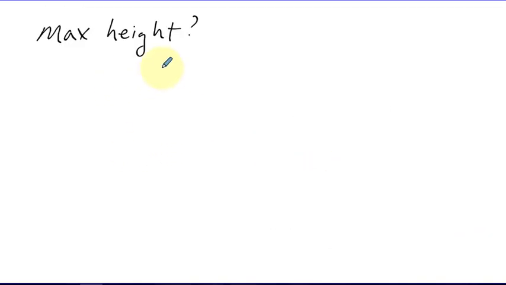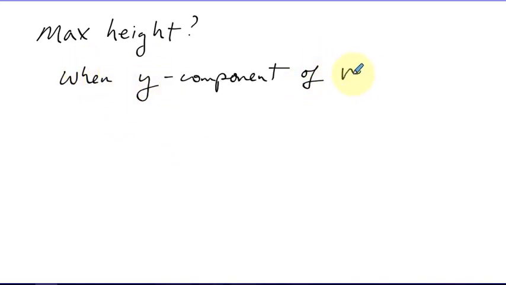Okay, so let's move on to the question of finding the max height. And this will happen when the y component of the velocity is 0. We had to find when the y component of the position was 0 to know when it hits the ground. And now to find the max height, that occurs when the y component of velocity is 0, when it's reached its apex.